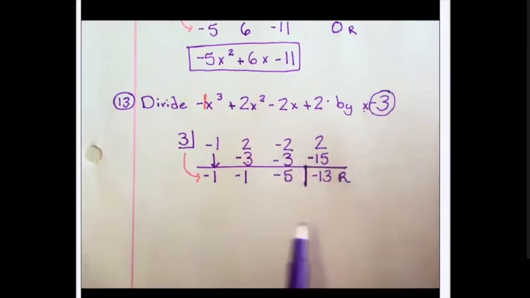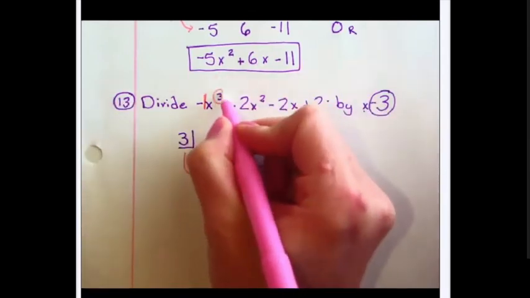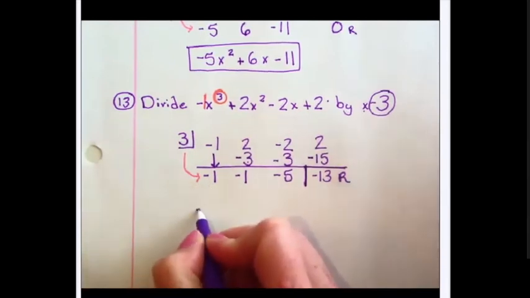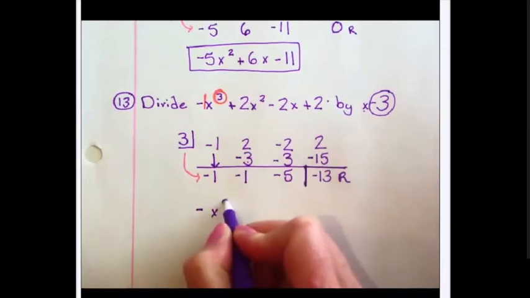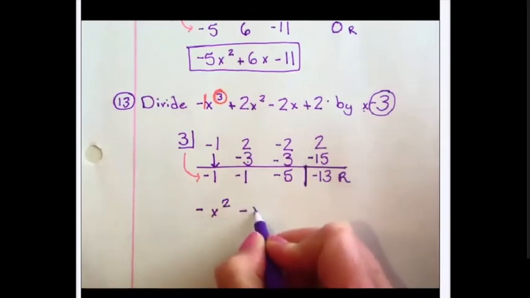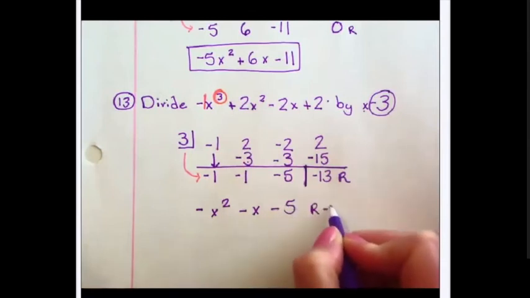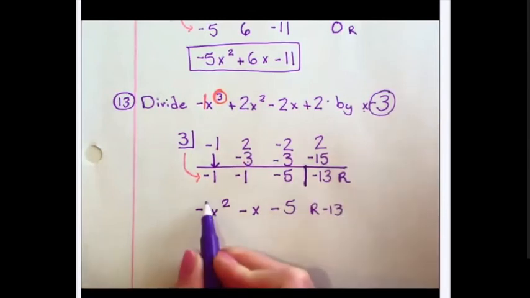So when I write this answer down, remember we're going to go 1 less than what we started with. So we had an x cubed in our problem as the biggest exponent. This is going to be negative 1 x squared minus 1 x minus 5 with a remainder of negative 13. Now you can put those ones in.